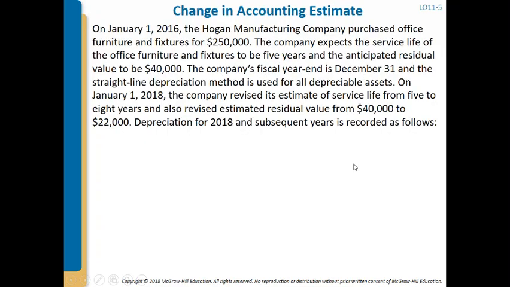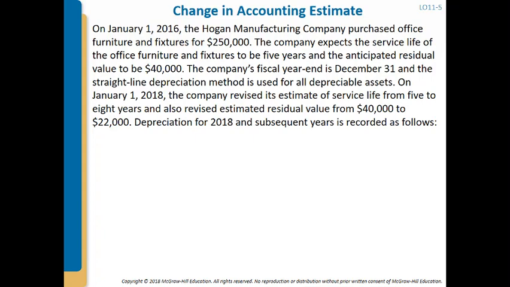So here we have an estimate change. This company purchased office equipment on January 1, 2016 for $250,000. At the time, they expected the service life to be 5 years and the anticipated salvage value of $40,000. So again, the depreciable base is $210,000.